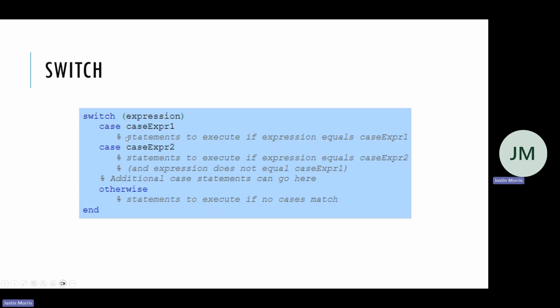And similar to if statements, there's a switch statement that is kind of a more compact version of if statements, especially if all of the cases have to do with the same expression.